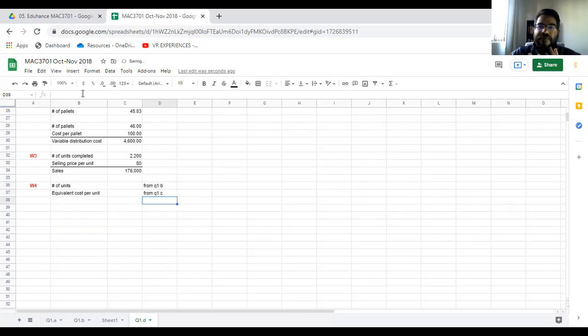So even if 1B is wrong, even if 1C is wrong, because you're correctly using it over here, you're going to get the marks over here. You will just lose the incorrectness in 1C or 1B, but they won't penalize you going forward.